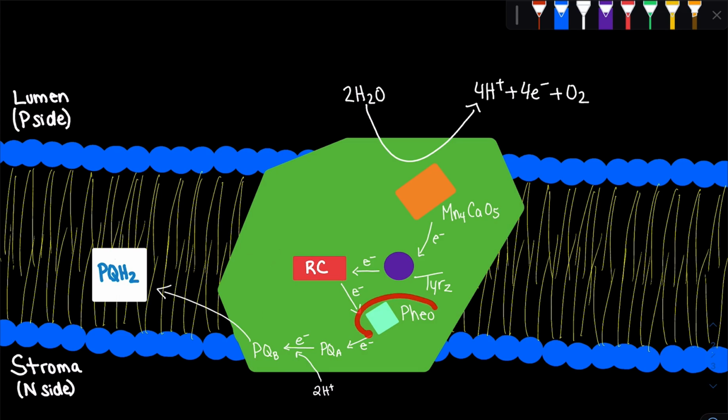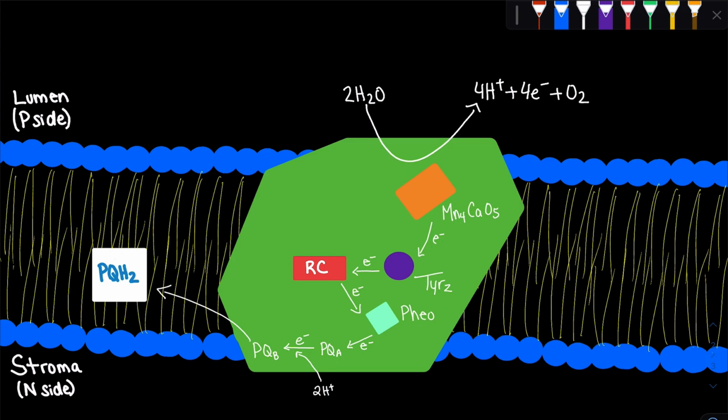That electron is passed on to pheophytin, and then the electron is passed on to PQA, then PQB. When PQB gets 2 electrons, it's going to pick up 2H+, and it's going to go into the membrane as PQH2. In order to refill that electron, we have the oxygen evolving complex, which is going to break down 2H2O into 4H+ and 4 electrons and oxygen.